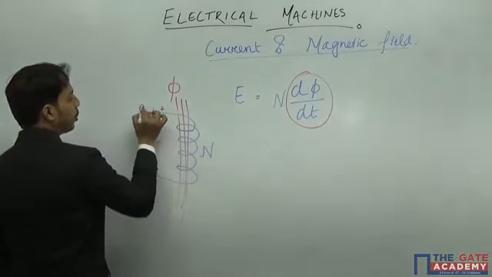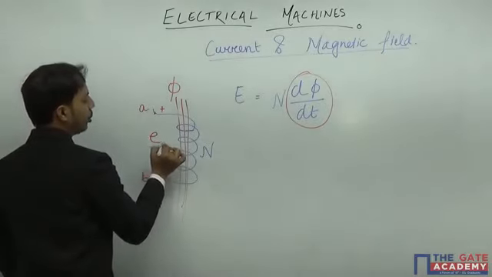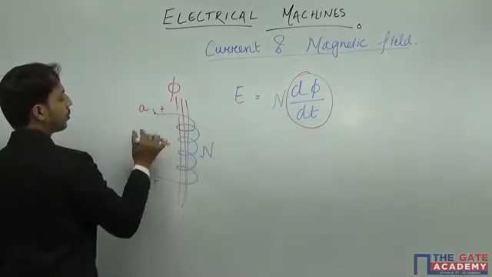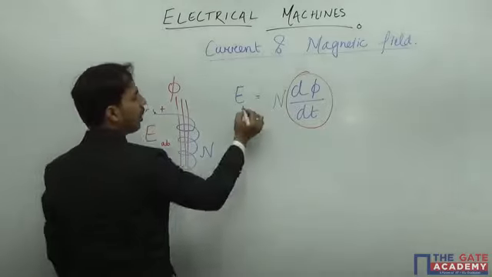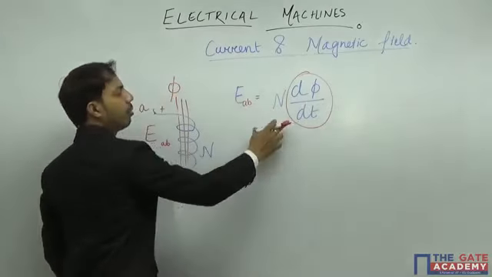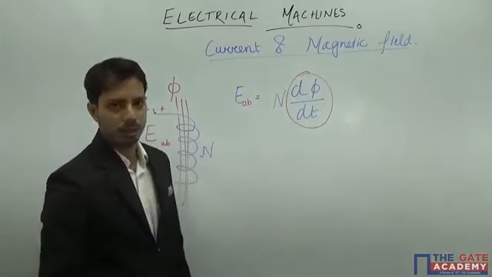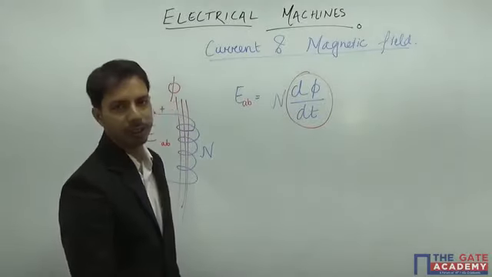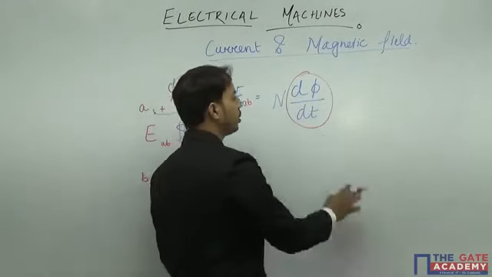Suppose this is A, this is B, so this EMF induced EAB can be given by this particular expression, and this is called Faraday's law.